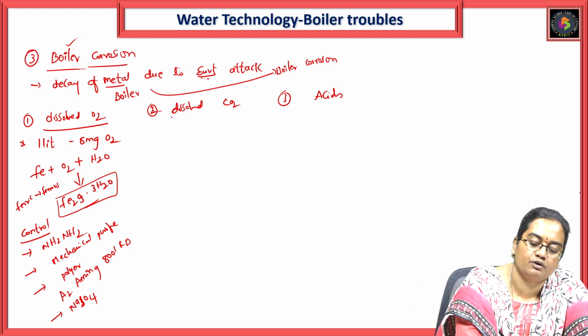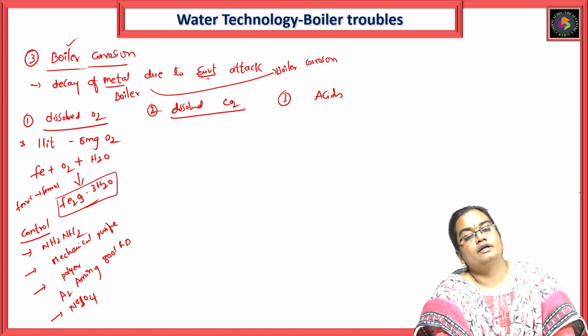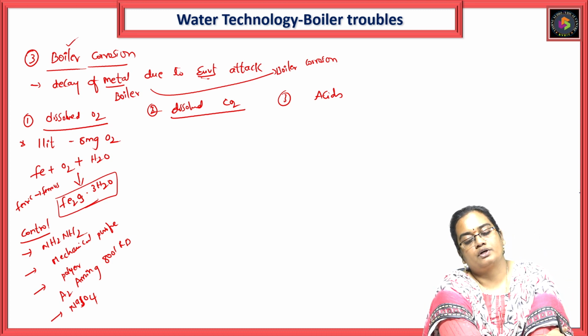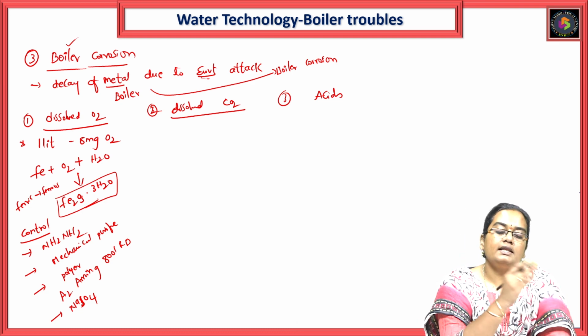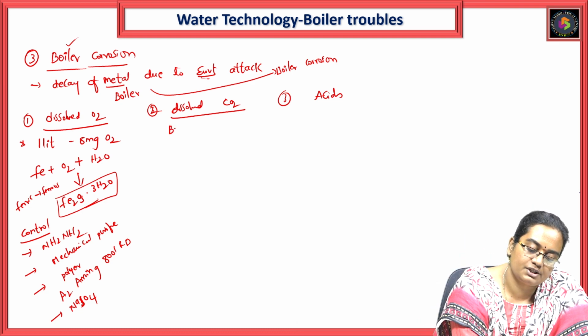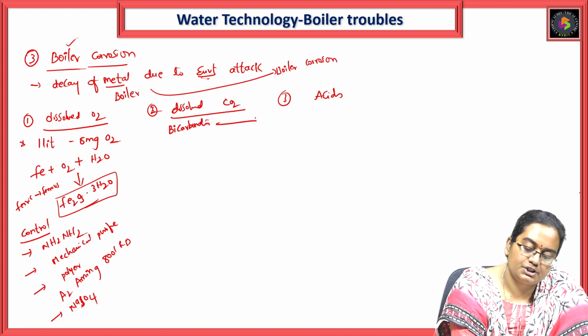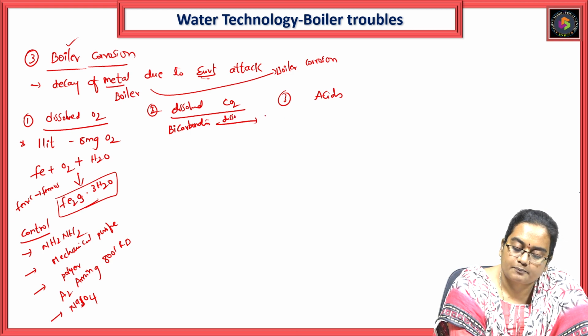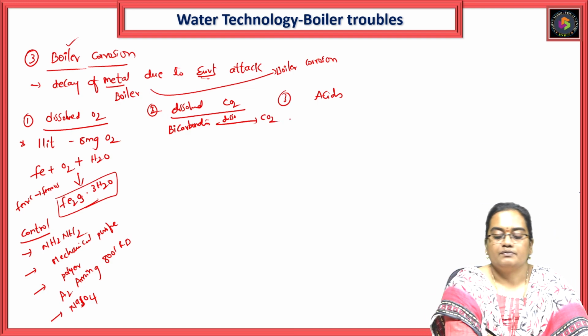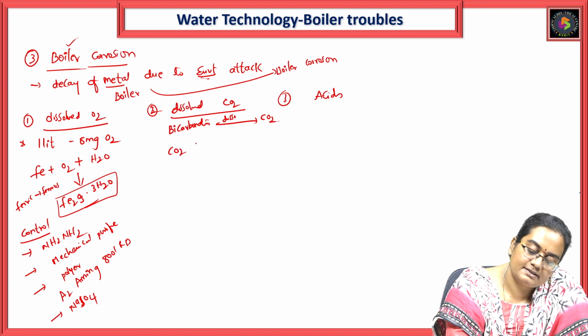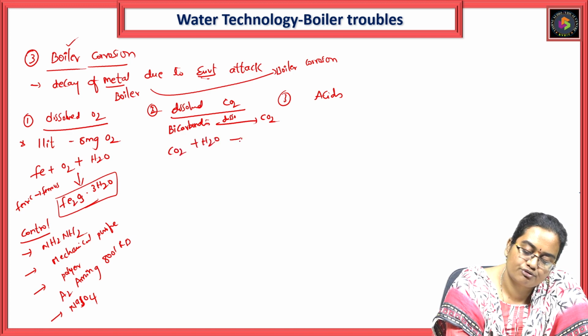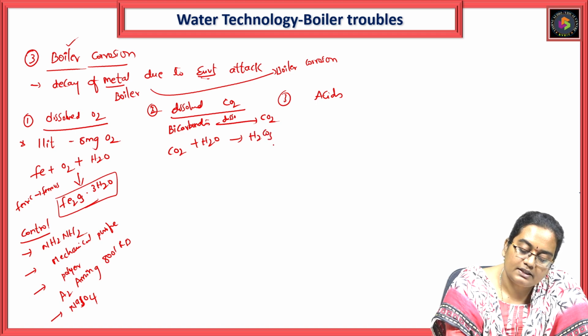Next, move on to the dissolved carbon dioxide. We know that hardness is caused by carbonates, bicarbonates, chlorides, and sulfates. When these bicarbonates undergo dissociation, carbon dioxide will be liberated. This carbon dioxide undergoes hydrolysis to form carbonic acid, which is nothing but an acidic media.